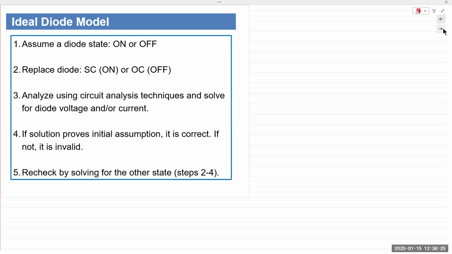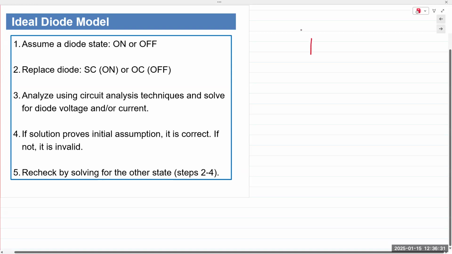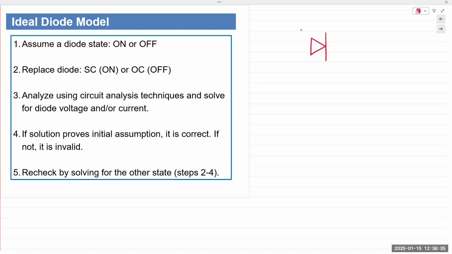Is it forward bias or reverse bias? So we have a diode. This is the anode. This is the cathode. So for a diode to be forward bias, what must happen?